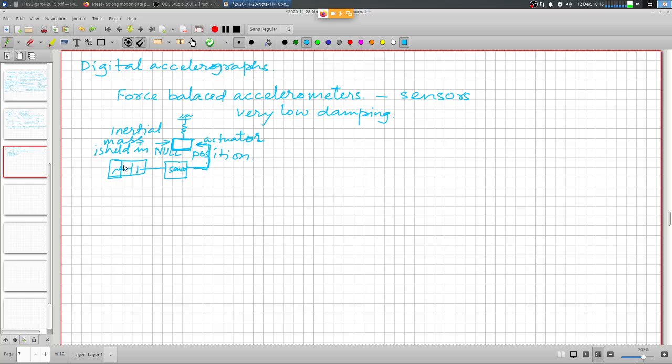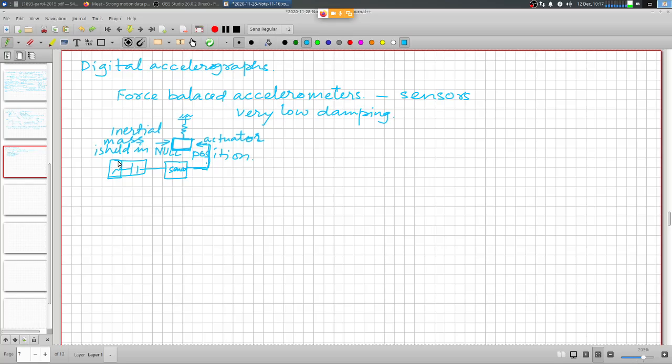There is a power source inside that powers the servo motor, and in that feedback loop, the controller determines exactly what amount of force is required to keep this mass in the null position.